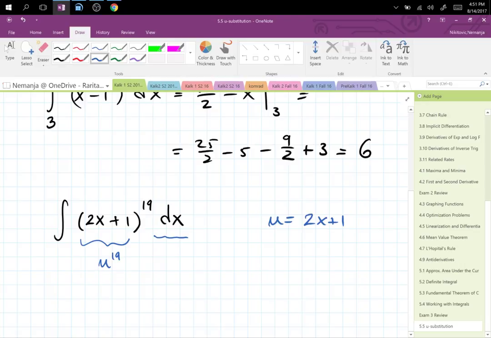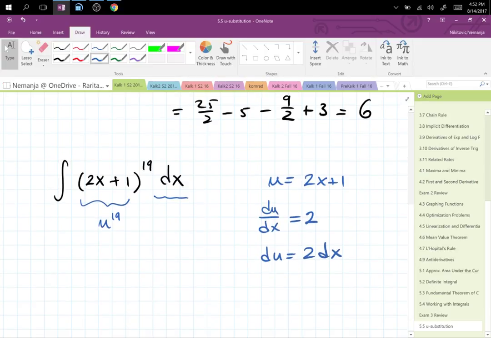So to get du, you will always differentiate your u sub, and you will get du over dx is equal to 2 in this case, from where you ship dx to the other side, and you get that 2 dx is equal to du.